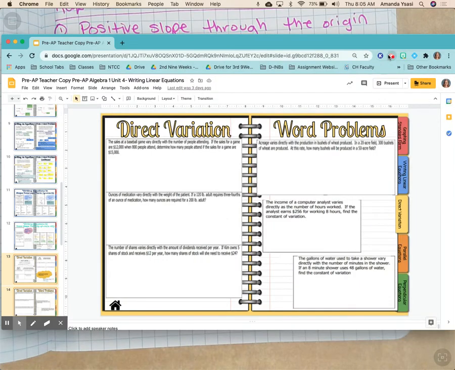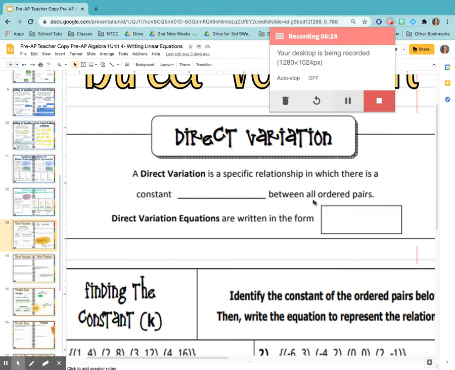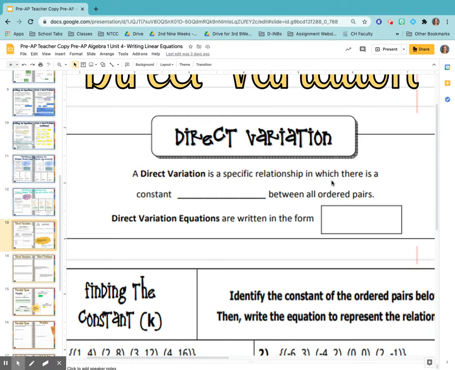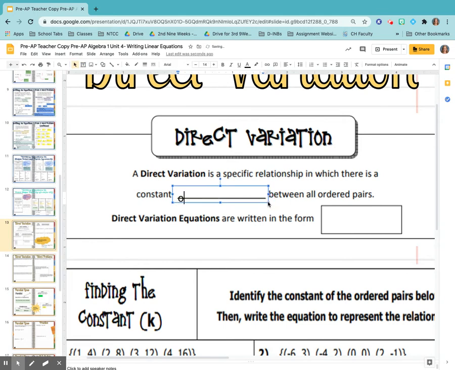Will it share to us on Google Drive? Okay, on slide 13, direct variation is a specific relationship in which there is a constant. What? We just learned this. Of what? Variation, yeah. You just need to write it down because your internet's not working. That's fine.